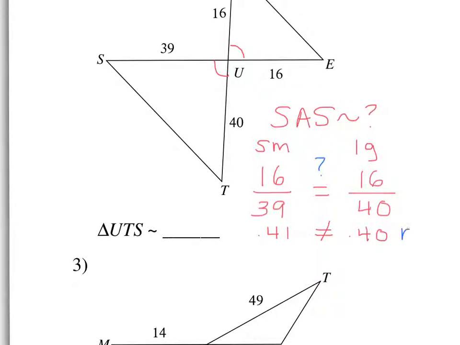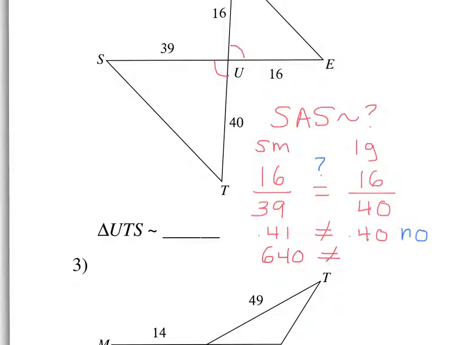So this is one way to check that that's not a ratio that works out. Another way to do it is simply to cross multiply, just like we did with our proportions when we were finding x in the last lesson. So we'll do 16 times 40, and we get 640.